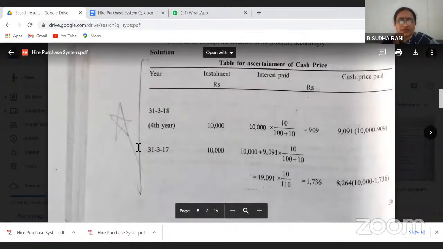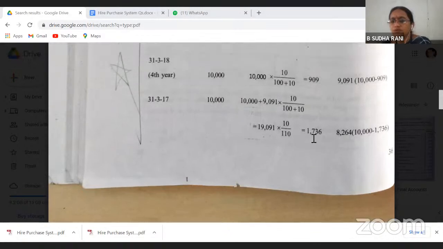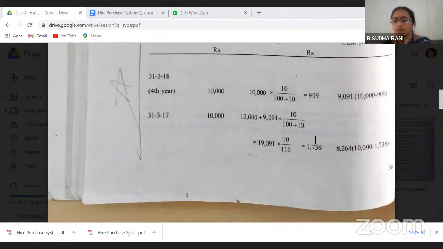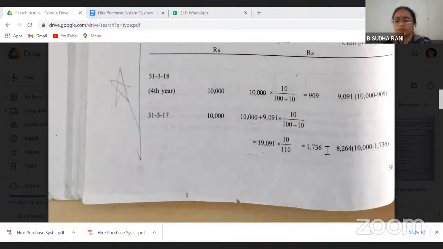Okay, so let me see once here. From the 10,000 we subtracted the interest, added.